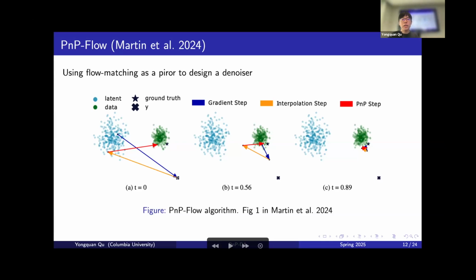But the issue here is that the flow matching-based prior works better along the probability path, and after the gradient step you're probably landing outside of this probability path. So you somehow need to interpolate or push it back onto the probability path. So there is an interpolation step: you move your intermediate step back to the probability path, then you perform this flow matching-based denoising, and you do this iteratively, and you reach your target.